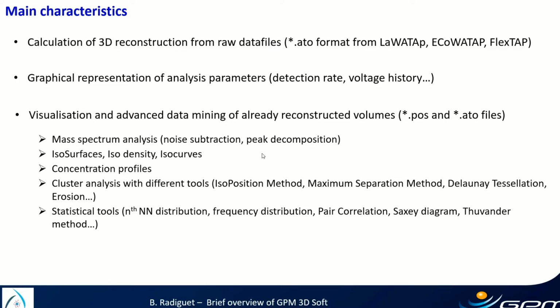Peak decomposition is also implemented in the software. You can represent different features to isolate chemical heterogeneity, like isosurface, isodensity, isocurve. You can also plot concentration profiles through a feature of interest.